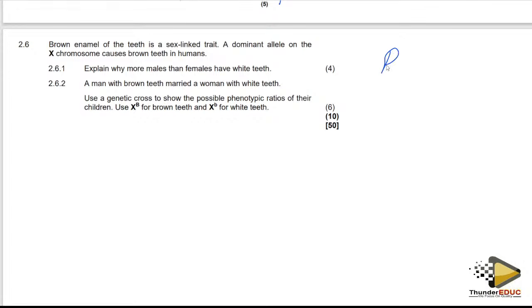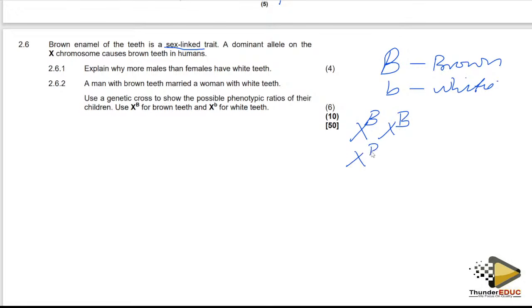If I'm going to use capital B for brown, and small b for white, because it is caused by a dominant allele and it's a sex-linked trait, it means that a female is going to be like this, or like this, so that is a female with brown teeth, while a male is going to be capital B only.